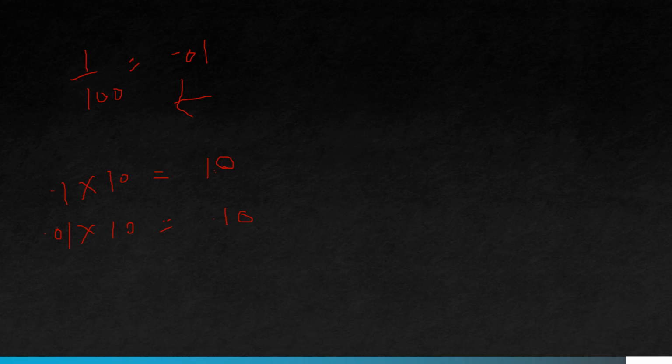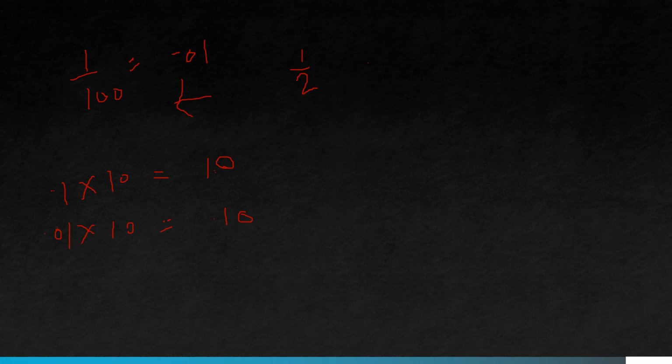now let's say there is an example. You have to express 1 upon 2 as a decimal. So how will you express 1 upon 2 as a decimal? This is the fraction, right? So a fraction means you have to divide this 1 by 2.